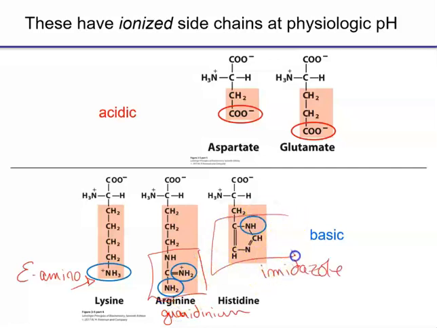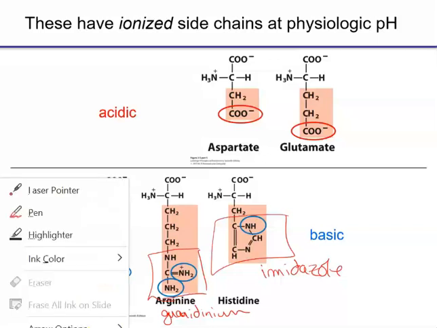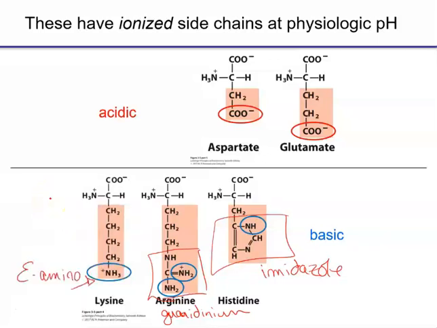And so we have the imidazole ring here. Now, at physiologic pH of 7, the groups on lysine and arginine are going to have a positive charge. And so these will be positively charged on the R group at pH 7.